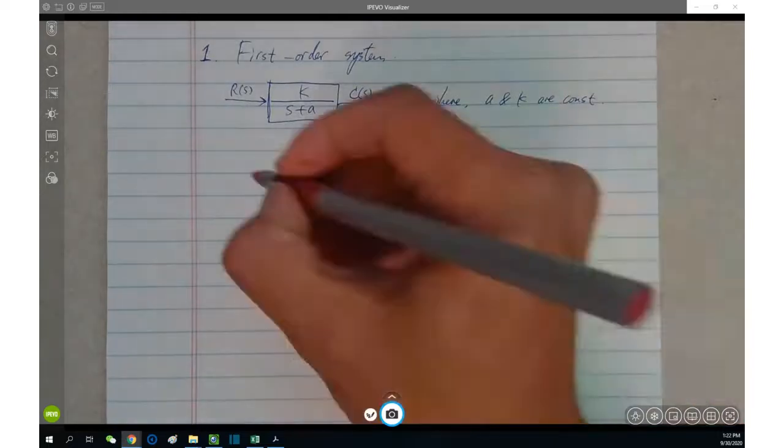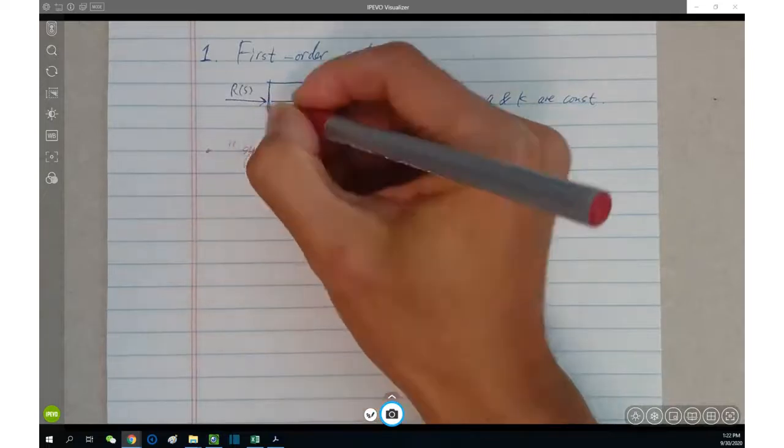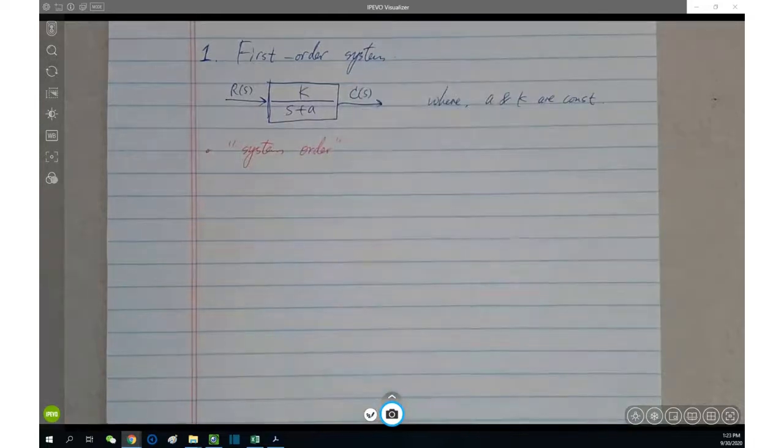Of course. What does it mean by system order? Anyone knows? How can you tell this is a first order system by seeing this transfer function? Because there's only one s present in the denominator. That's right.